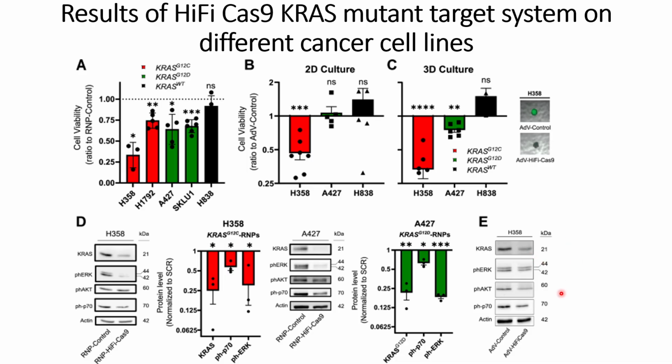This reduction in efficiency is because the efficiency of the adeno-associated virus HiFi Cas9 is lower than that of the RNP HiFi Cas9 system. This is what they point out as the reason why the results from the adeno-associated virus HiFi Cas9 are low.